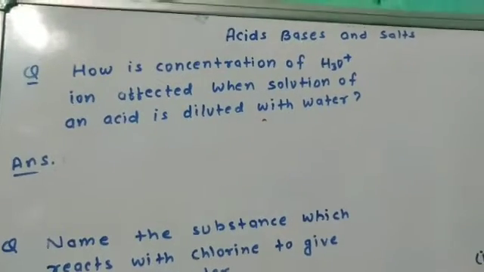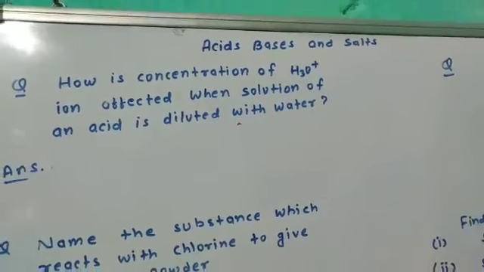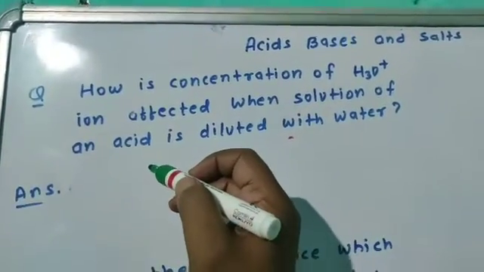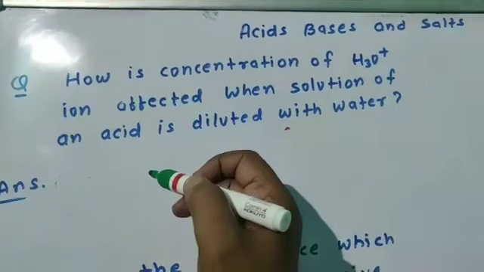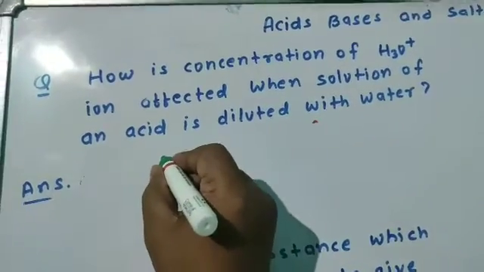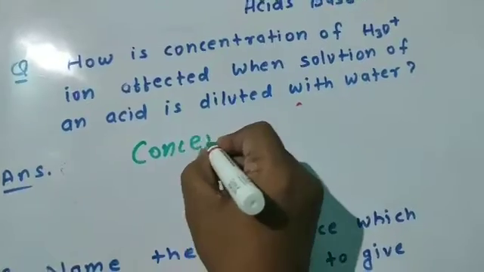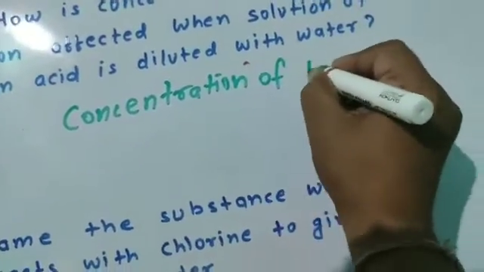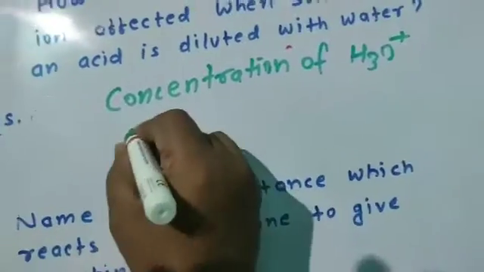Let us discuss some questions of acids, bases and salts. The first question is, how is the concentration of hydronium ion affected when a solution of an acid is diluted? The answer is that the concentration of hydronium ion will decrease.